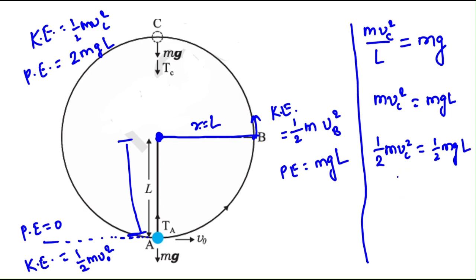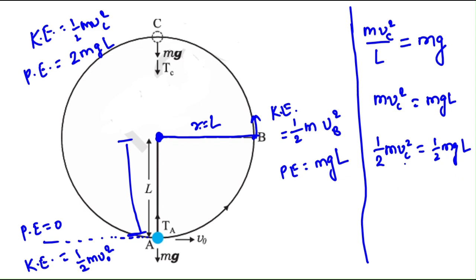What I have done here is apply Newton's second law of motion. This centripetal force is due to mg only, so I have equated mv square by r, in general form, where v is vc and r is L, to mg, because mg is acting as the centripetal force at point C. Then we did some mathematical steps and reached half m vc square equals half mgL.